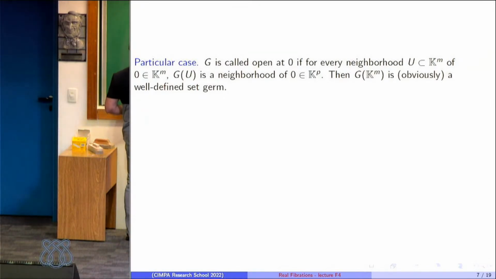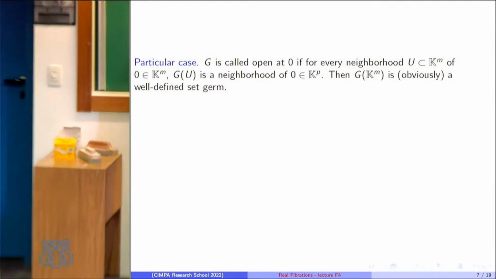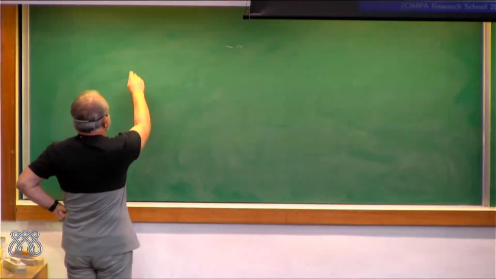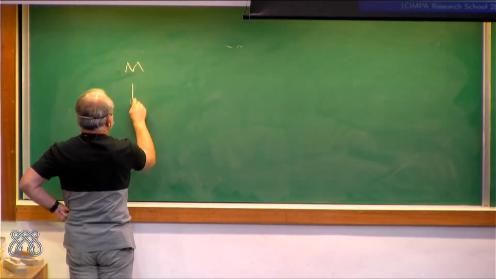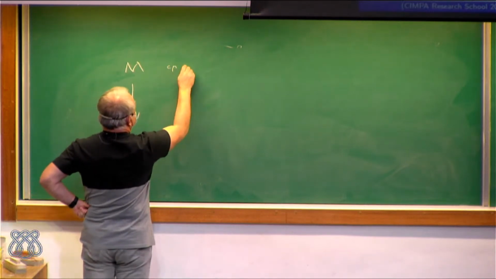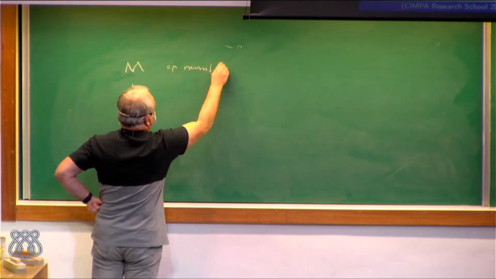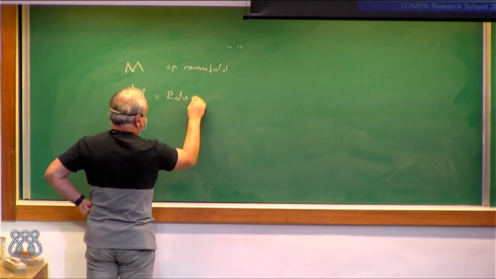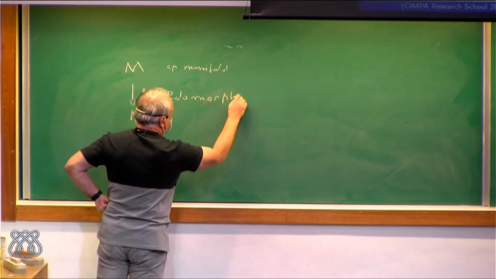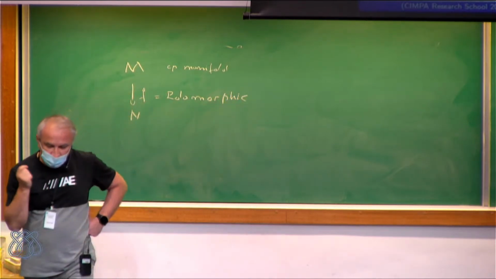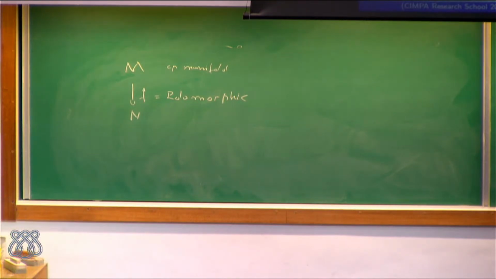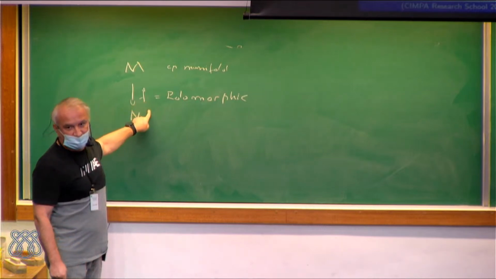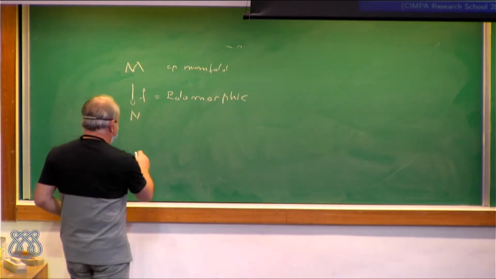If you talk about open maps between open sets, let's say you have two complex manifolds, and you have a map F which is holomorphic. For a holomorphic map defined between complex manifolds, you have a very nice and simple criterion that tells you when this map is open.